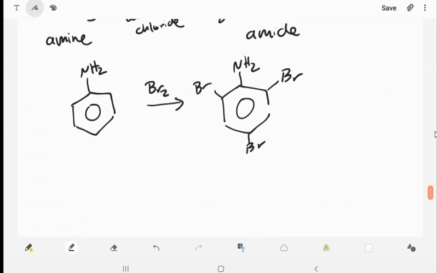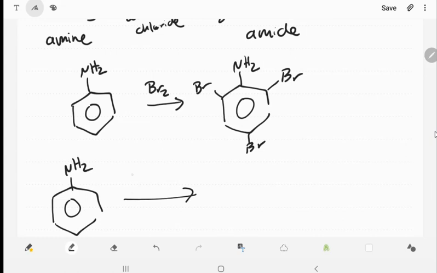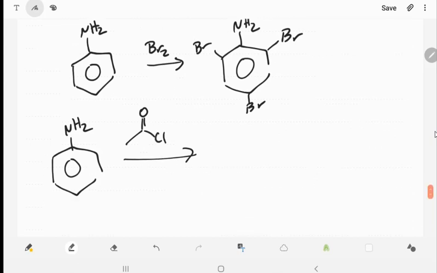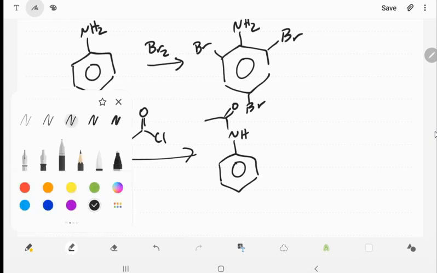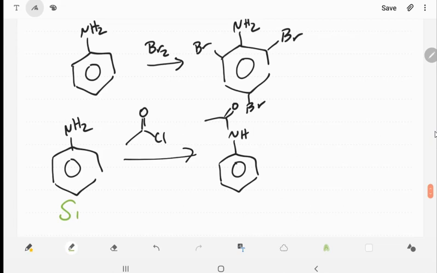However, you can kind of moderate this. You just put in acetyl chloride in there. You end up with your amide, which is now a moderate activator. So this was a strong activator. This is a moderate activator.